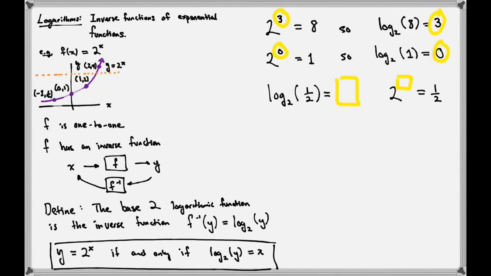So now I have to think about what exponent that I raised 2 to can give me 1/2. And of course the answer is -1. That's corresponding to this point on the graph here. 2 to the -1 gives me 1/2. I read that exponent of the exponential equation off, and I report that as my answer to the logarithm.